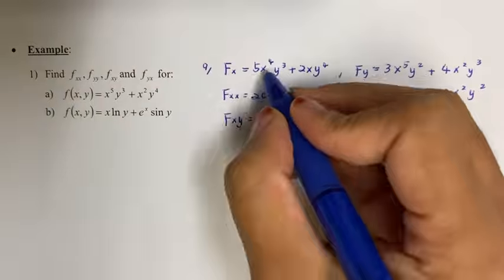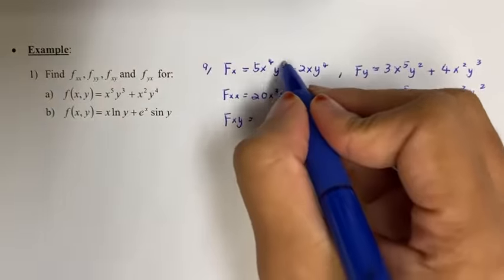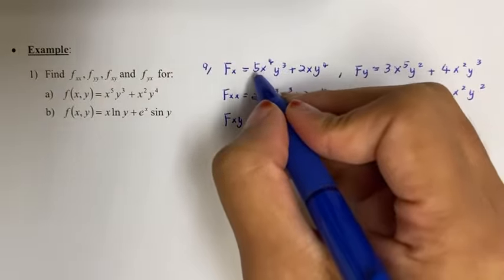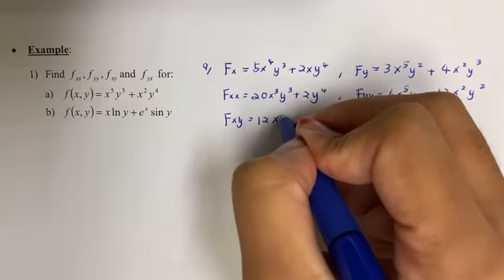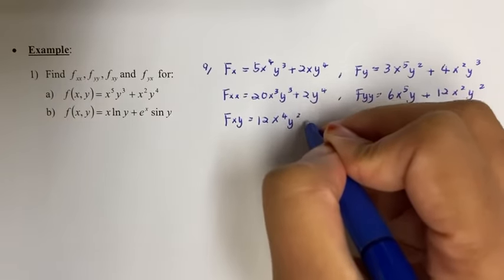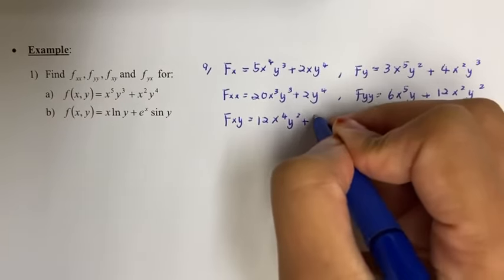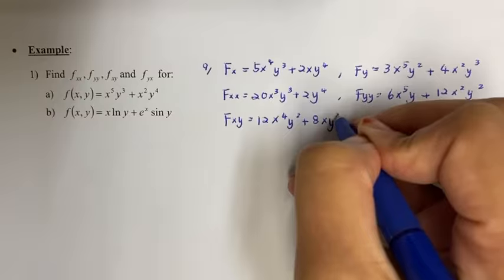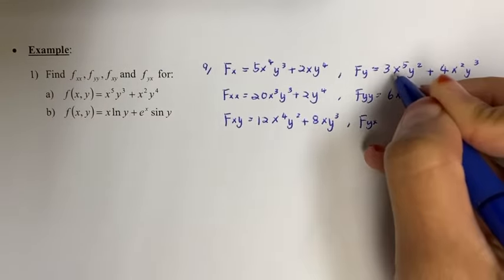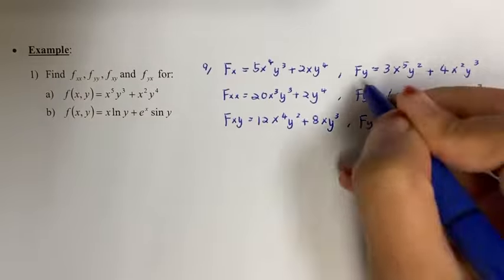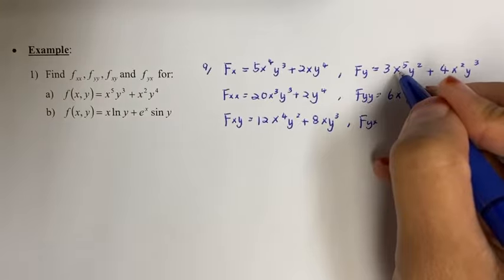Okay, next, from this f_x, we need to find f_xy. For f_xy, from here, differentiate with respect to y. So x is constant, so you have 12x to the power of 4 y squared plus 8x y cubed. And then for f_yx, refer to your f_y here, differentiate again with respect to x.